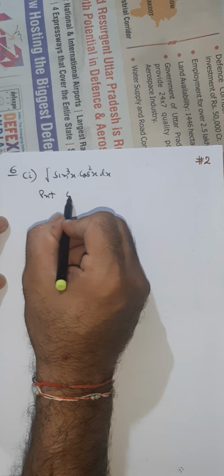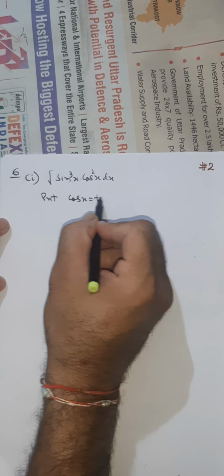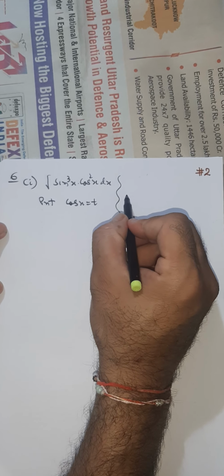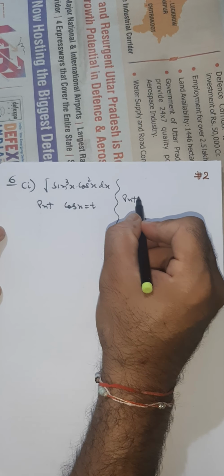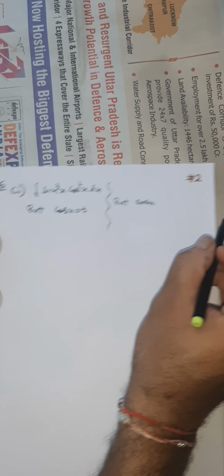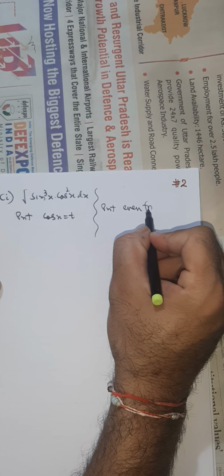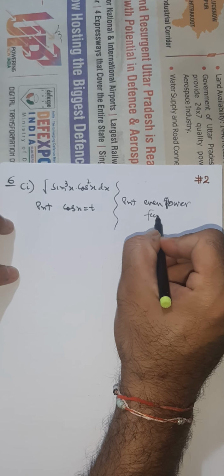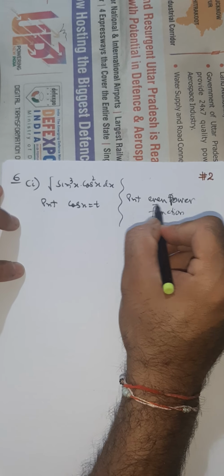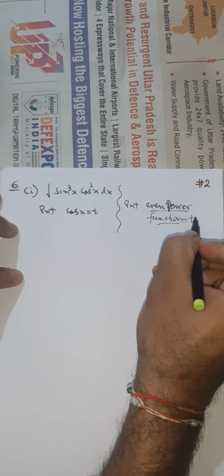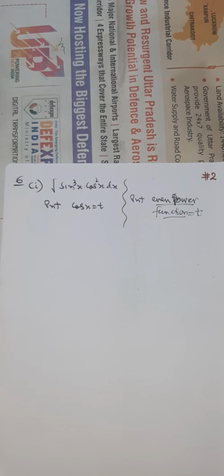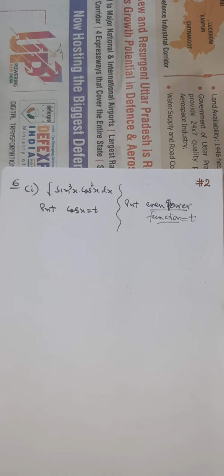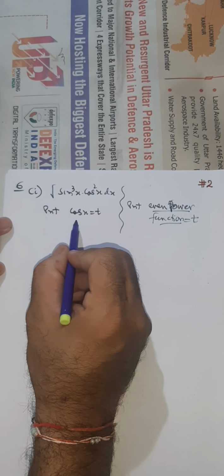So put cos x equals t. This is a very standard method. Put the even power function equals substitution. Which function has even power? Cosine has even power. So I'll put cos x equals t.